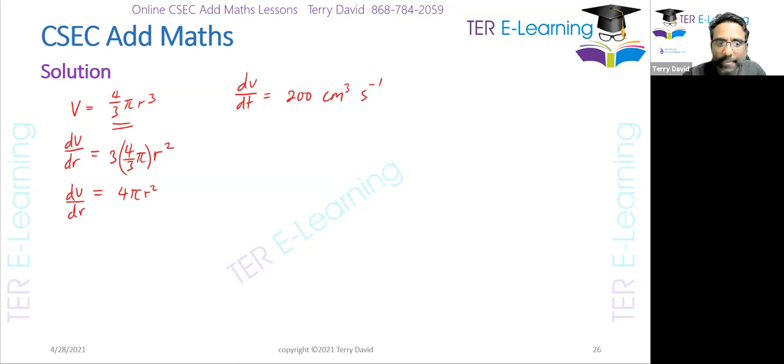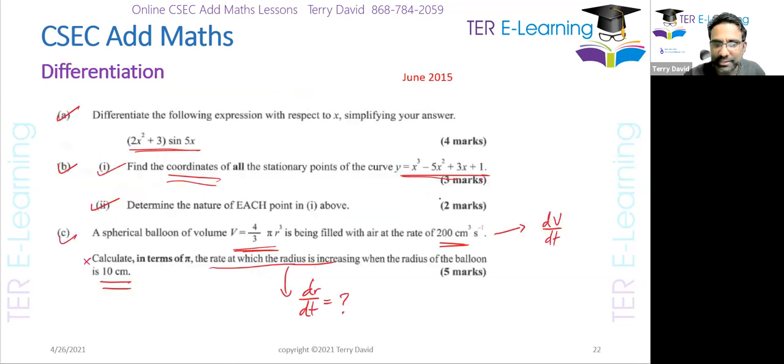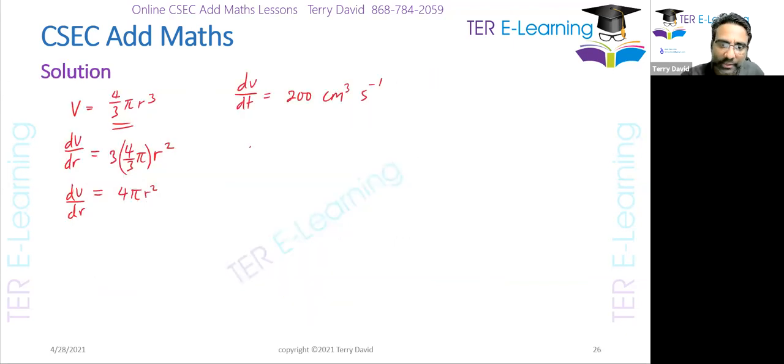The question wants us to find dr/dt. This is what we call connected rates of change.